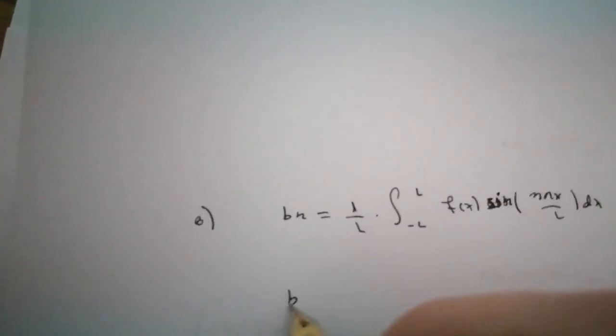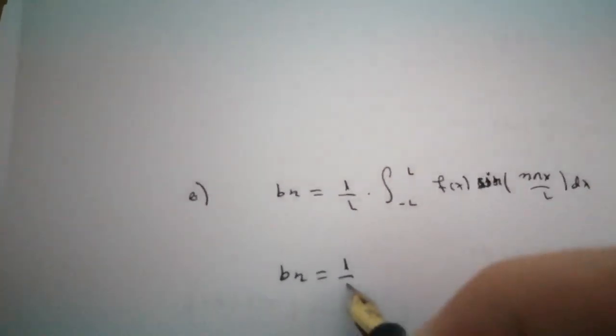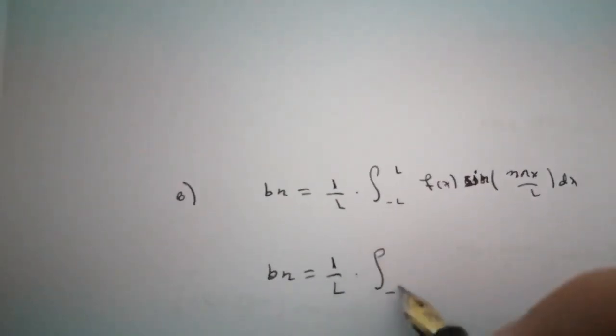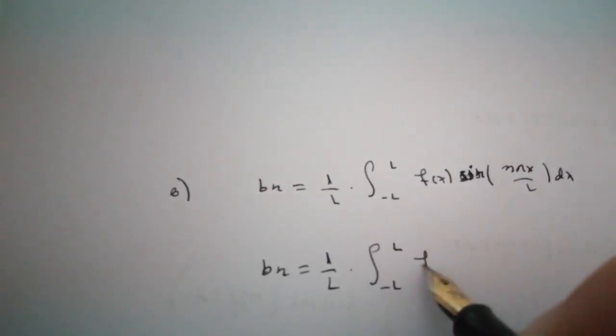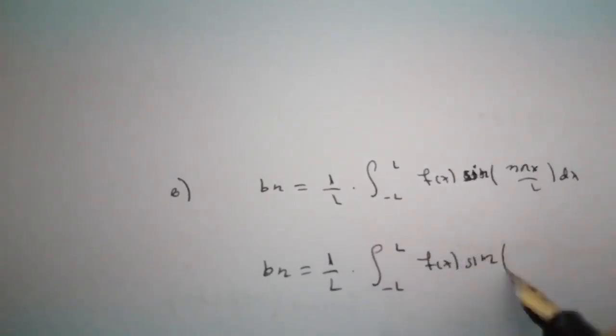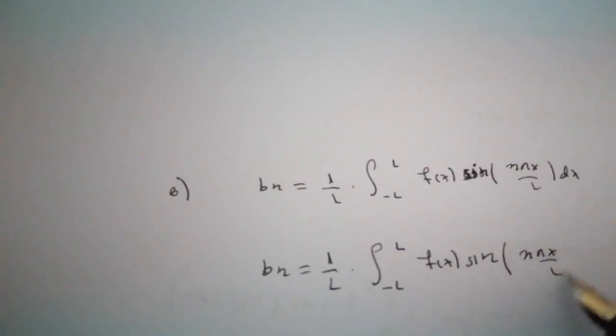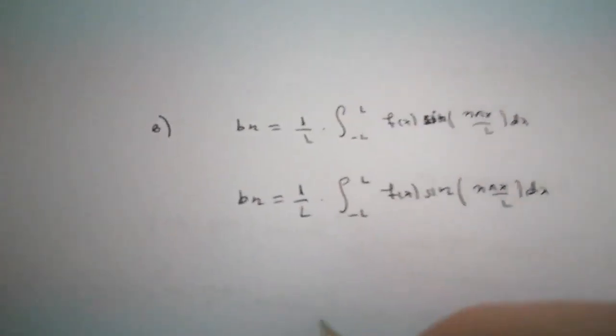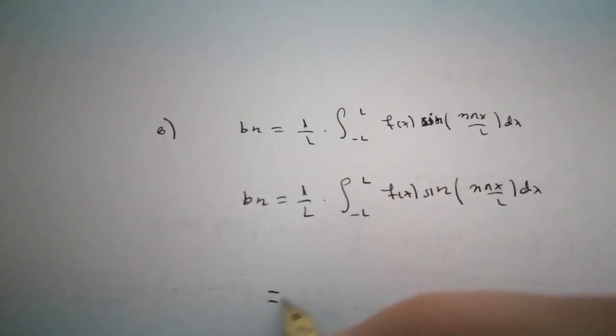Let's rewrite it properly. bn, the integral from minus L to L. And this can be written in the following way.